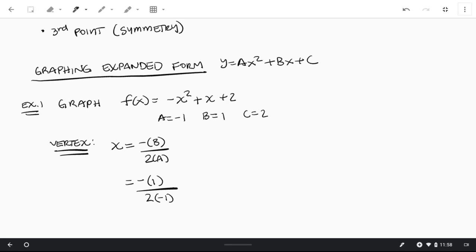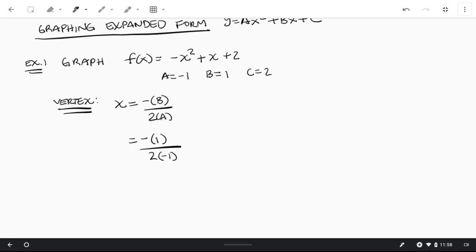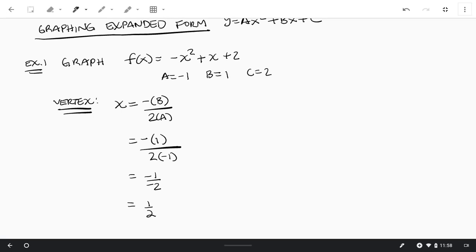Okay, so we're going to use those numbers in our formula. And working this out, we get -1 over -2. So we have this double negative here, which becomes +1/2. Okay, so again, we don't have the entire vertex here because we need the y value. However, this x value of the vertex also represents the axis of symmetry.